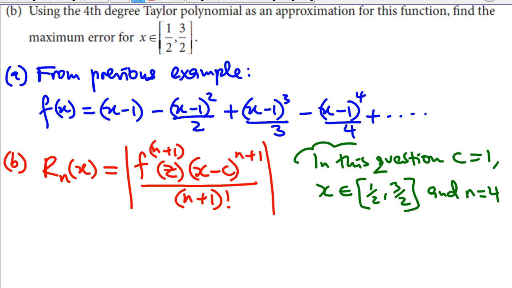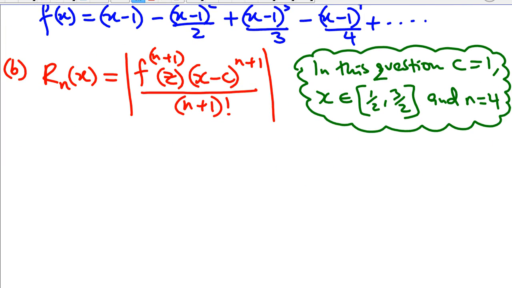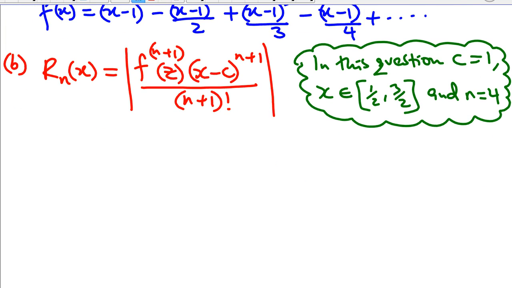So we'll use these values to simplify this formula. Which means R4 of x will be equal to the 4 plus 1, that is the 5th derivative of f at z.